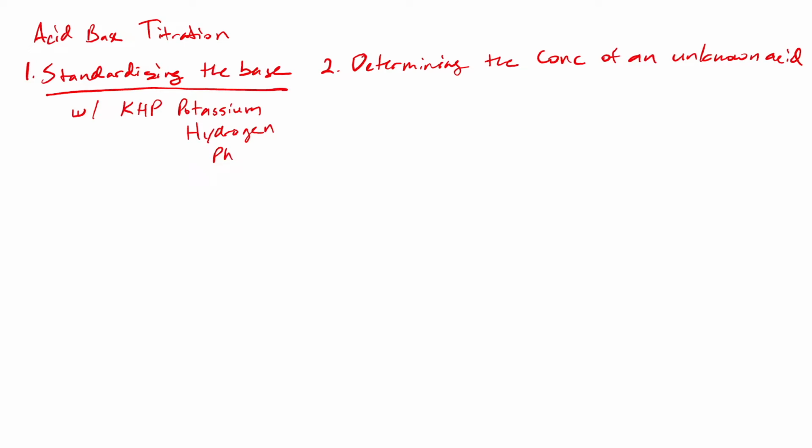I always forget how to spell it. Let me look it up real quick. I'm going to have to look up the molecular weight anyway, because you have to know the molecular weight to figure out the number of moles. So let me type in potassium hydrogen phthalate on my phone.